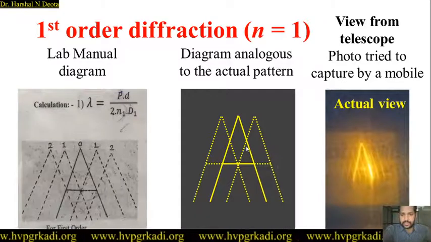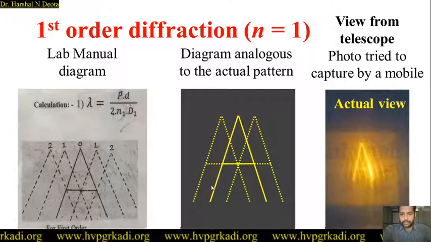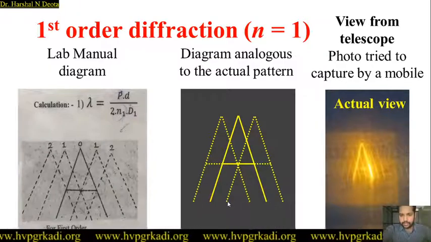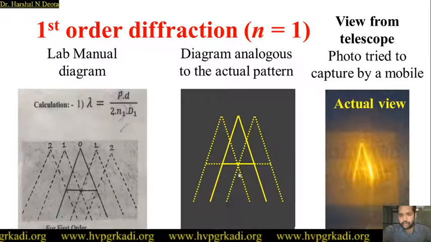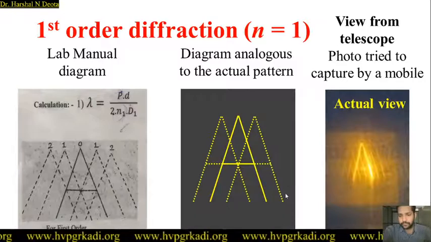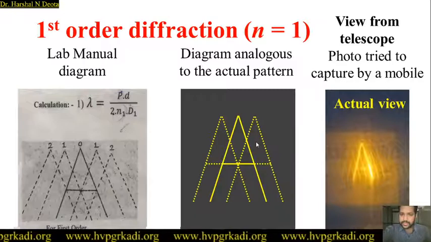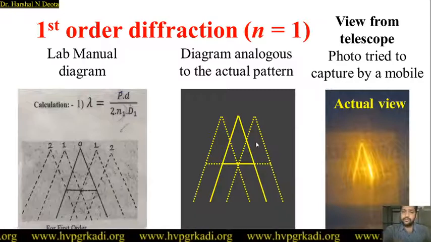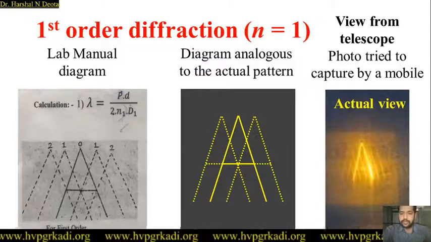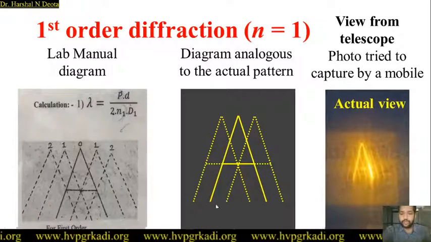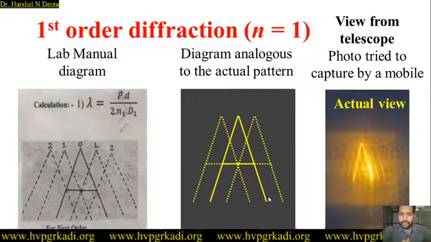Since the background is black and your light is yellow, I have chosen the color yellow here. Of course, you need to understand that you will not observe any dotted lines from the telescope, right? You will only observe these dark lines, same dark lines. But why have I kept these lines as dotted? This is just to differentiate the first order or the second order from the original 0th order, right?